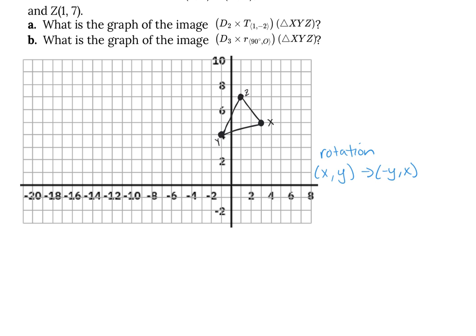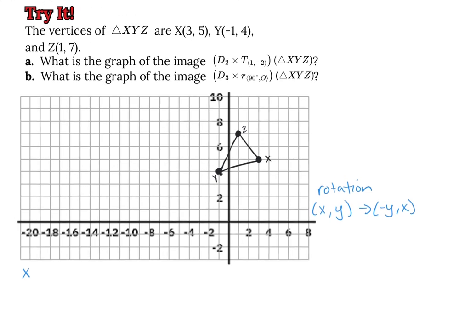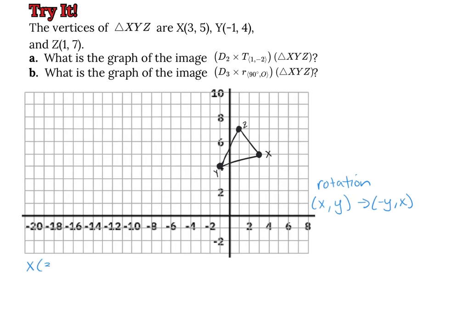Okay, again, I will rotate first and then I will dilate. So my rotation, I have my x and my y and my z. X, Y, Z. Okay, I'm going to flip my x and my y, make my y negative.